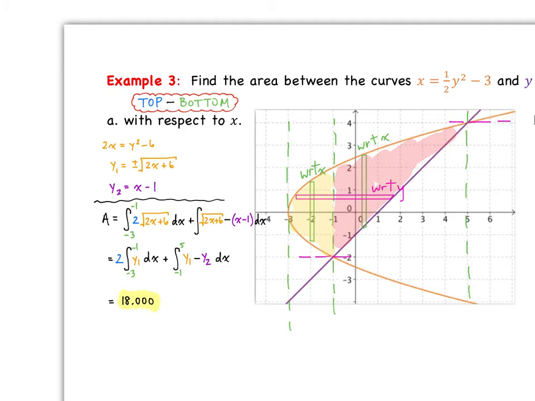Looking at my rectangle that we drew, the top is orange, the bottom is the purple. So we have our y1 minus our y2. Make sure you put parentheses around that function because we have to distribute that negative. Now you can go ahead and use your calculator to integrate this and double check that you get 18.